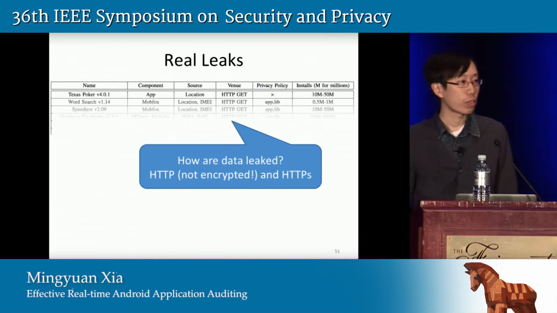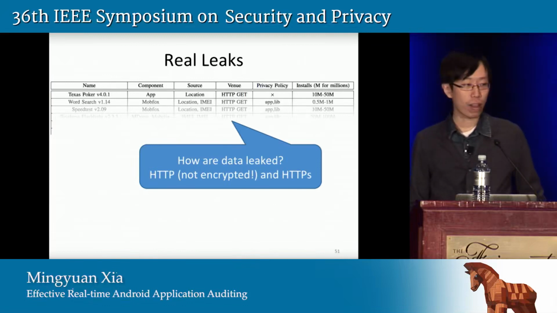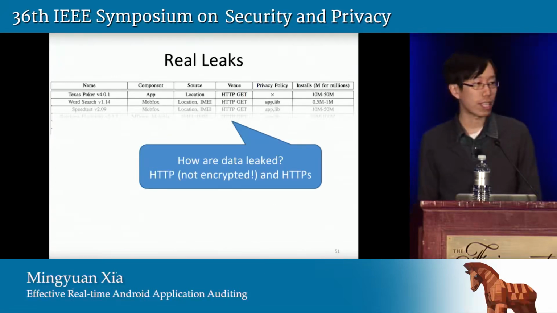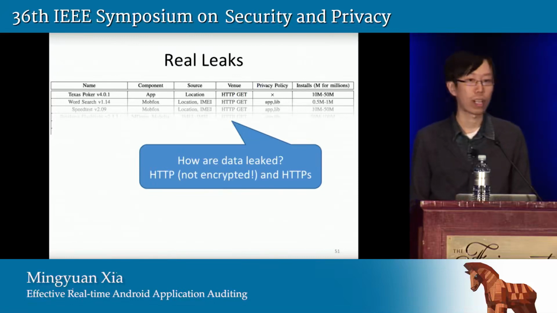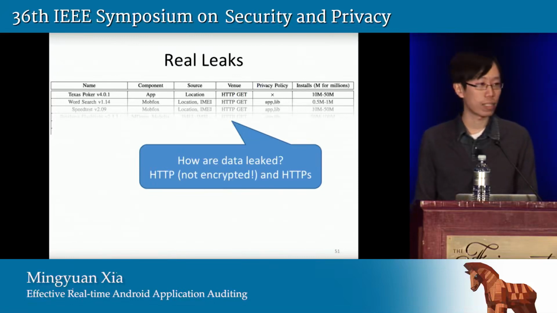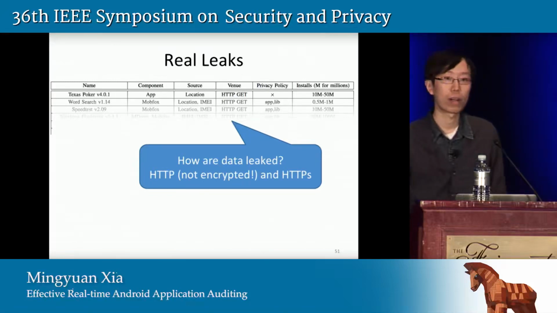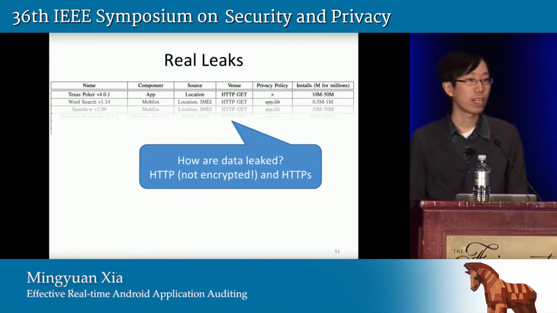Finally, the venues of those leaks. We surprisingly found lots of those leaks are plain text HTTP requests. They're not encrypted. Everyone on the network can see your data encoded in a URL. A few of them are using HTTPS, and HTTP is the dominant way of doing these leaks.